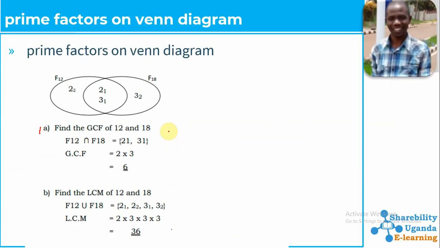For us to get those that are common, we have the prime factors of 12 intersection the prime factors of 18. In this intersection we have this, which is common, and also this is common.